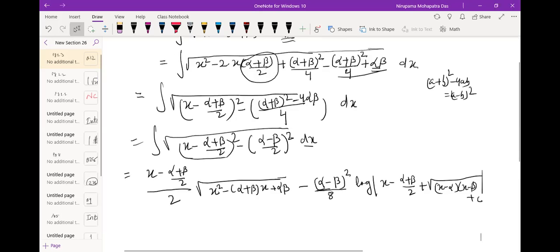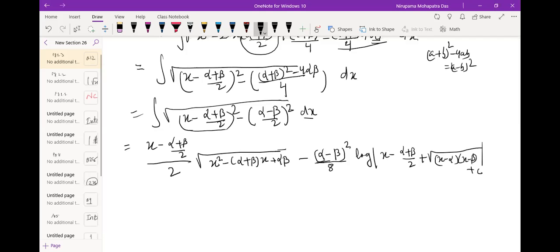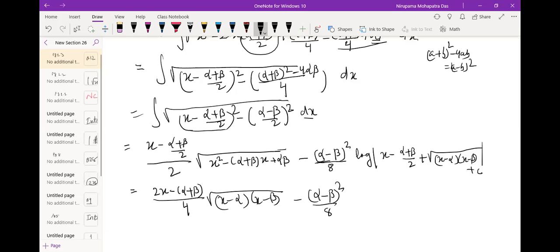So in this question specifically, it is 2x minus of alpha plus beta, divided by 4, into under root, this is your x minus alpha into x minus beta, you can write down, minus alpha minus beta whole square divided by 8 log.